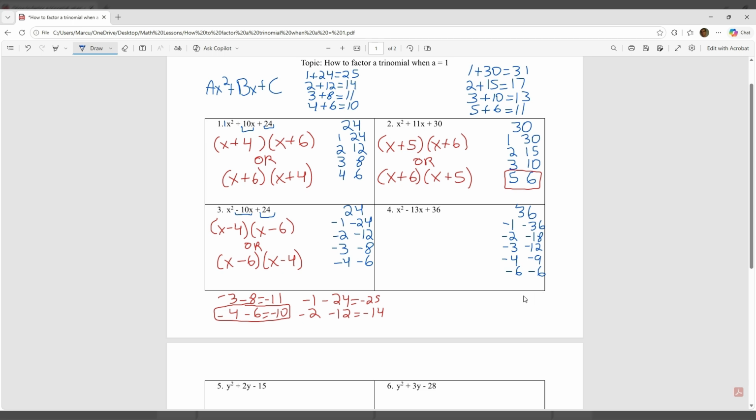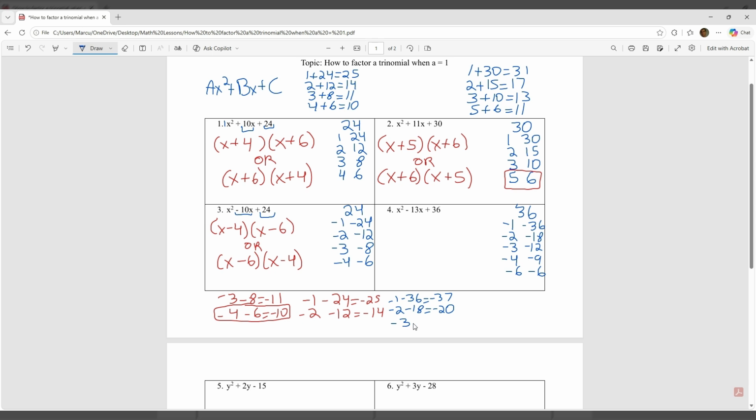And then it's the same idea as question 3. We need to look for two numbers that when you combine them will give you negative 13. So if you do negative 1 and negative 36, that's going to give us negative 37. Negative 2 and negative 18, when you add them, that's going to give us negative 20.